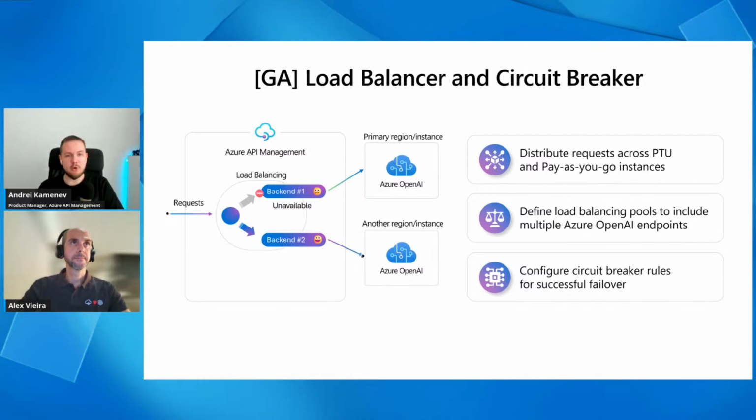This is specifically important because when you use dedicated capacity allocated through so-called provisioned throughput units, or PTUs, in Azure OpenAI, and you want to have a pay-as-you-go instance as a failover endpoint, you can configure it with the following priorities. PTU has priority 1, and then pay-as-you-go has priority 2. In that case, you use all of the allocated capacity first, and then you fail over to pay-as-you-go.